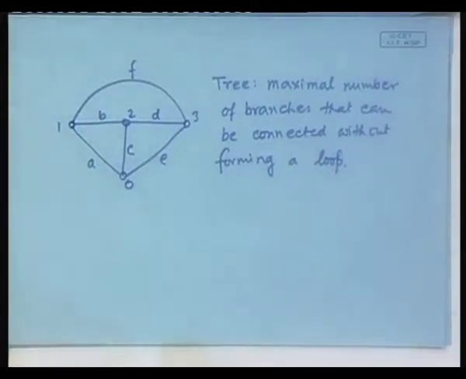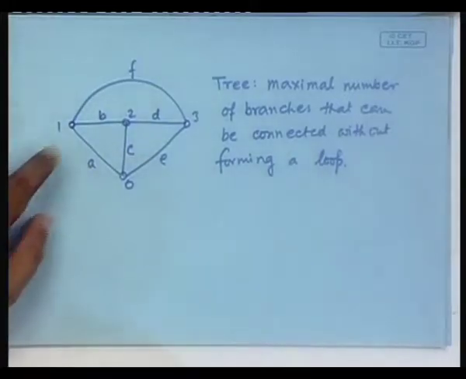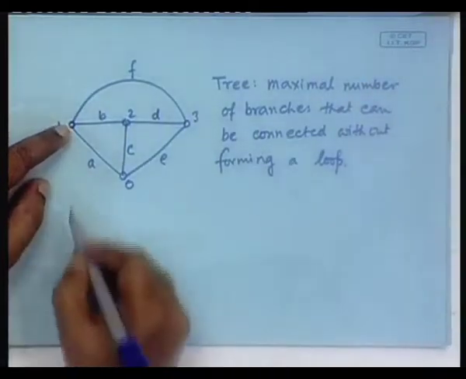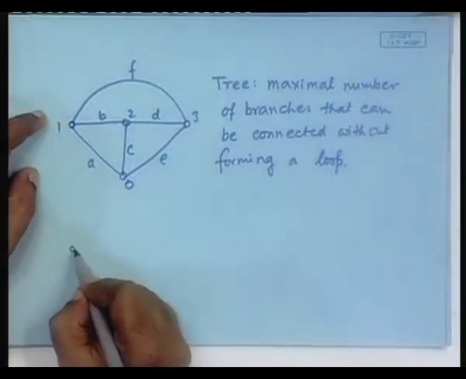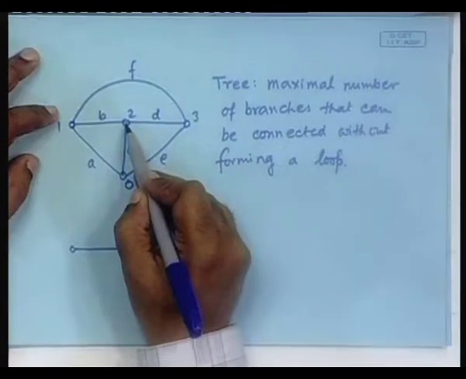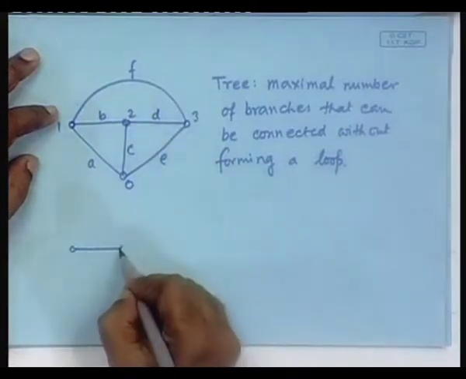So, from this how many different trees can you identify? Let us see. In order to do that, start from any branch, any particular node and go along a branch. So, we can start from here A1, go along this, go along this.